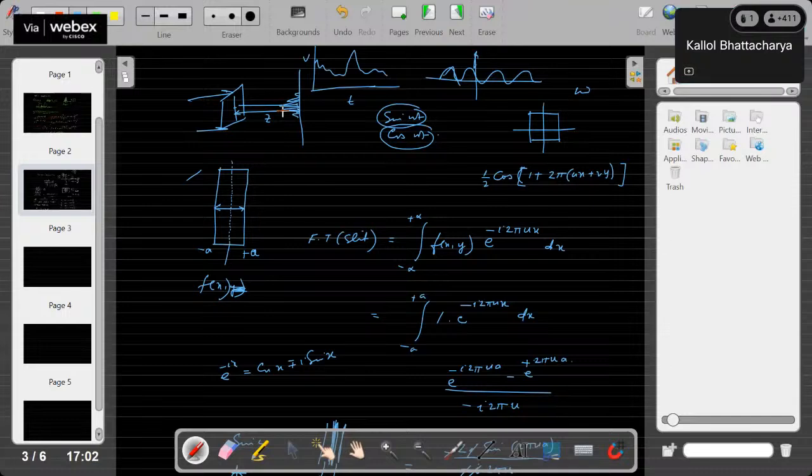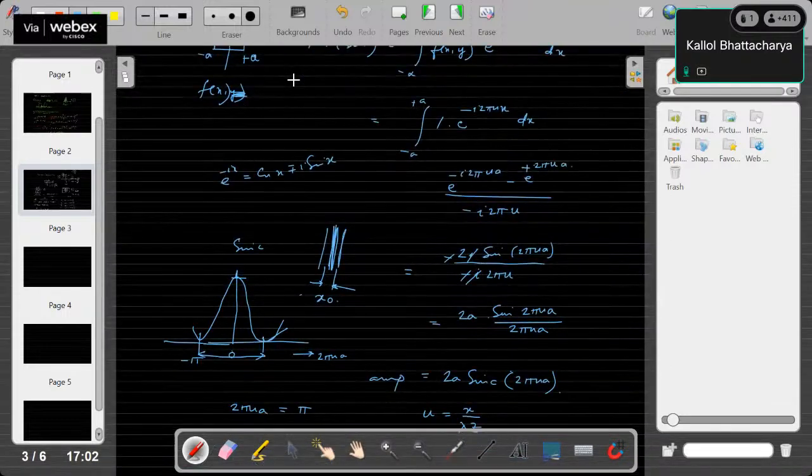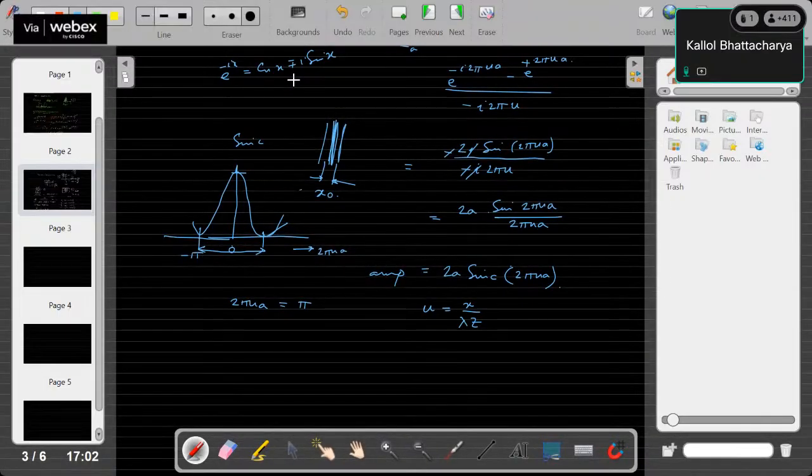So z we know, we have already measured z. Lambda, the wavelength of light, we know, let us assume that we know. Then if we can find the separation between the first 2 dark bands, we can easily find a, or twice a, which is actually the dimension of the slit.